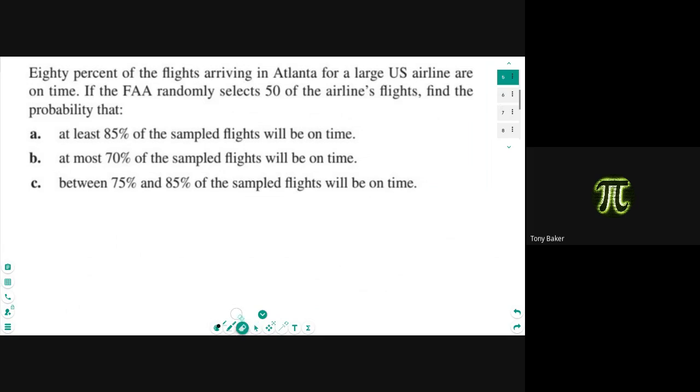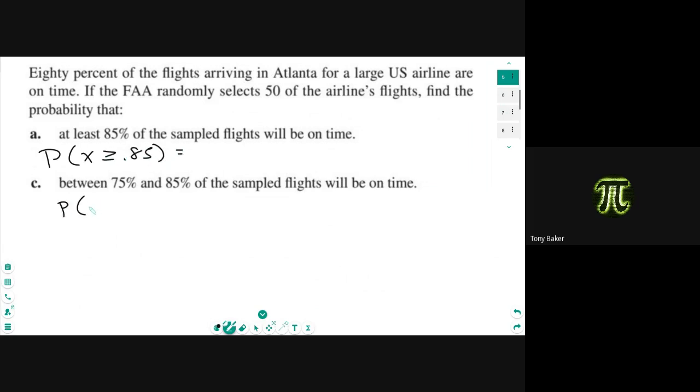We're going to do A and C. We're not going to do all three. All right, so take a few minutes, work through and figure that out.